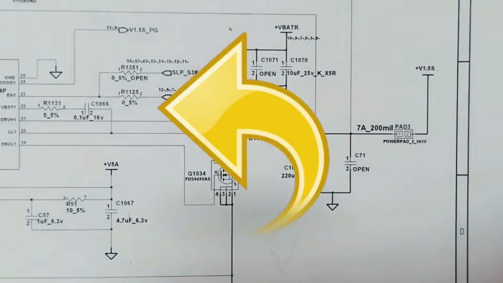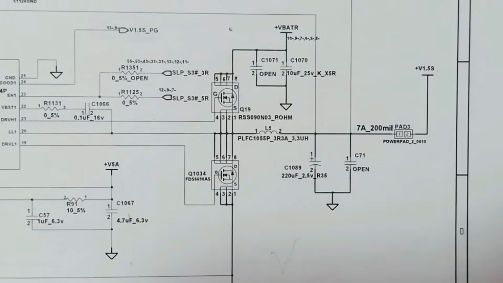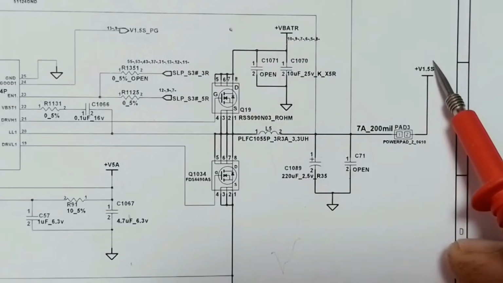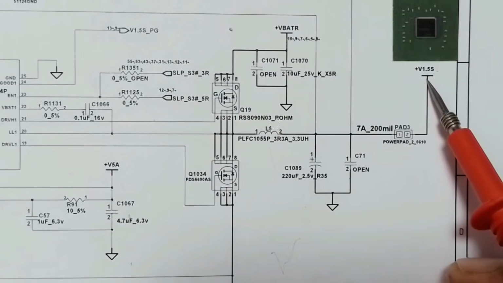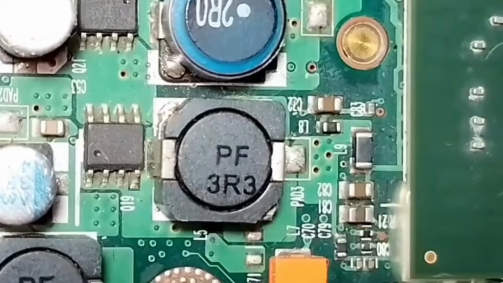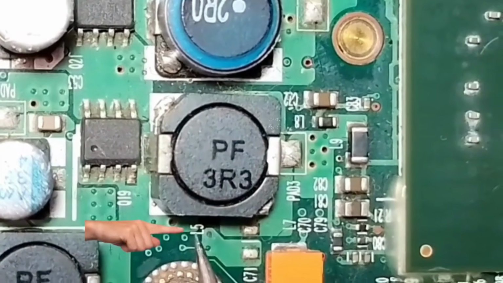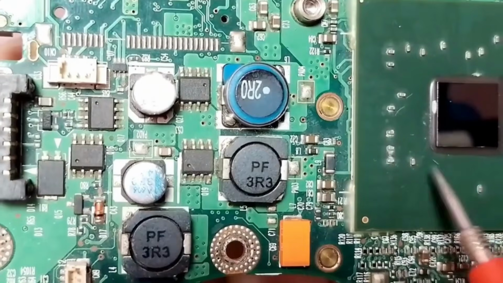So let's go back to our circuit diagram. Here, 1.5 volt goes directly to power the graphic card. So let's see it on the motherboard. As you can see, we have inductor L5 near the graphic card.